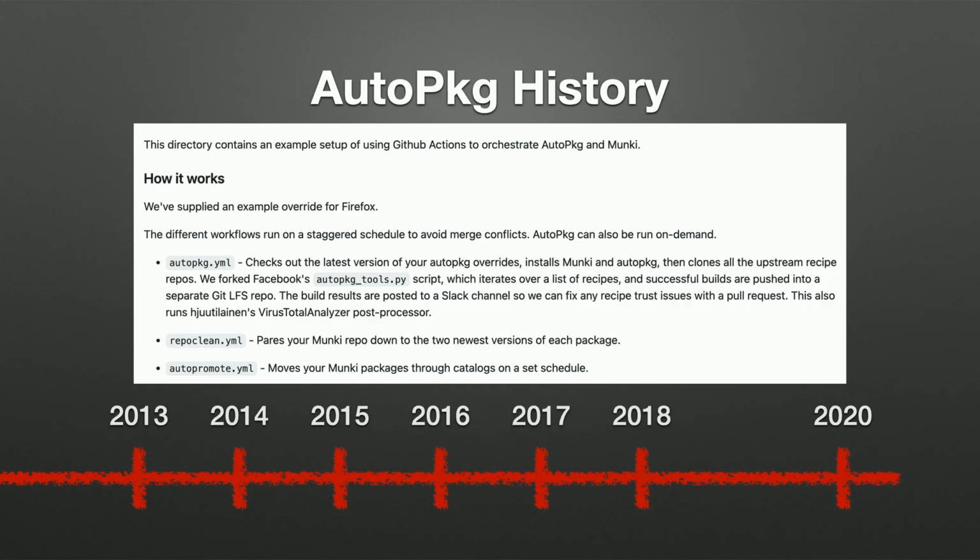So, additionally, William Thieker and Harry Sieber from Gusto made a new fork of that AutoPkg tools script. I think they forked TIG's fork of the script, but they also included some GitHub Actions examples. And this is where the GitHub side starts to take off.